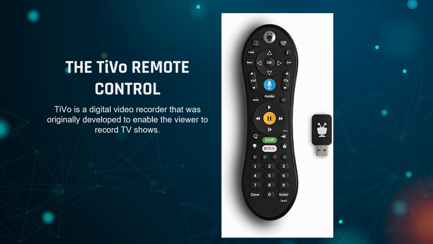TiVo is a digital video recorder that was originally developed to enable the viewer to record TV shows. No? Aside sa remote, naa pod siya recorder para ma-record ang mga TV shows. So the remote control was designed with large buttons. If you can see, medyo enhanced or dagko ang mga buttons.